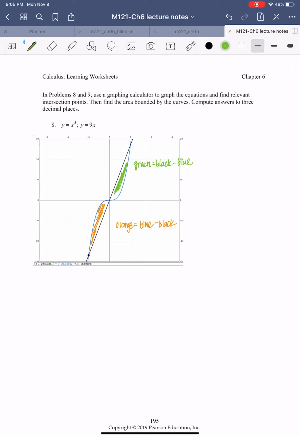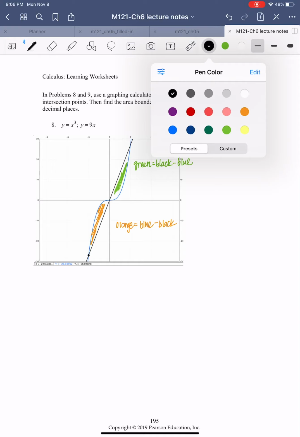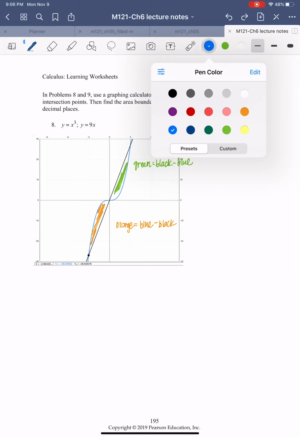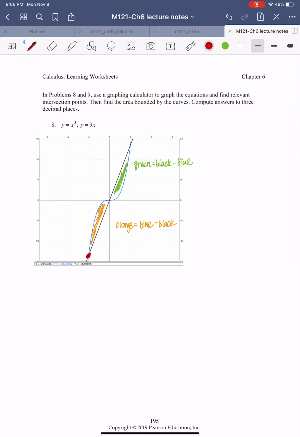Here we have to find a couple of points. There are 3 intersection points. I'll use red: first point, second point, and then the third point. Now the intersection points, you can set up x cubed minus 9 equal to 9x.